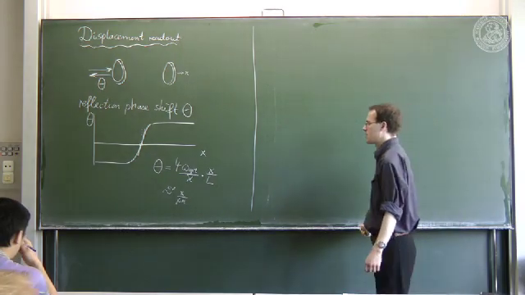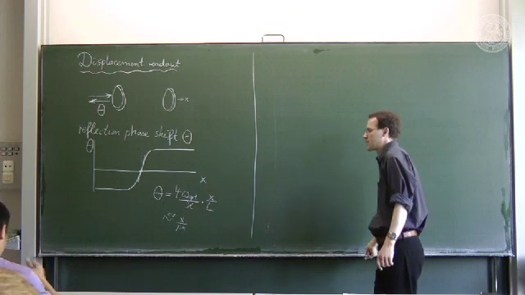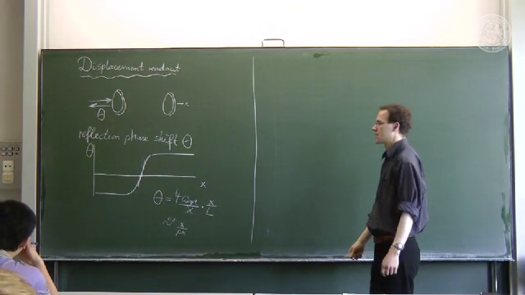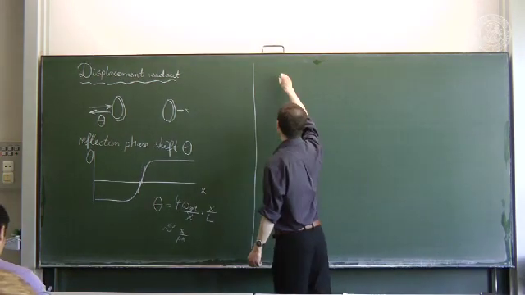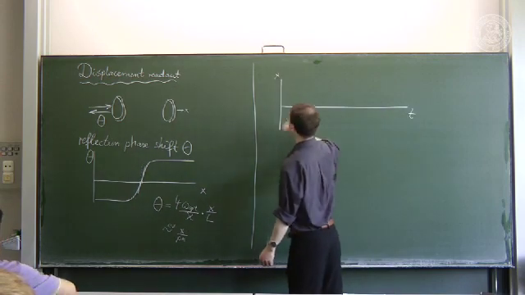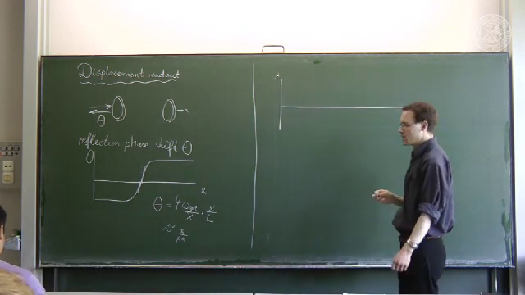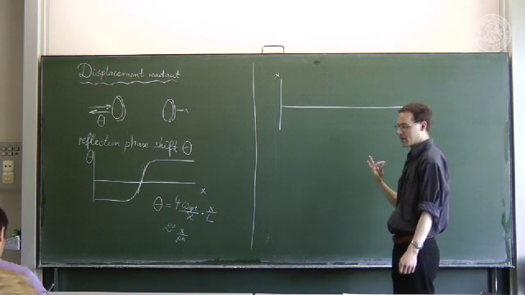Now, what does one observe if one takes the reflection phase shift and tries to figure out the displacement as a function of time? Well, this is a picture which I already sketched. What is the time evolution of the position of a harmonic oscillator in thermal equilibrium?